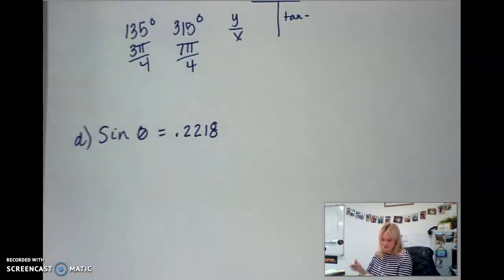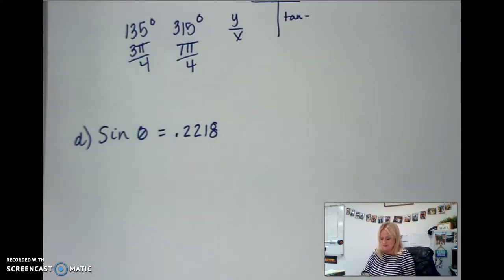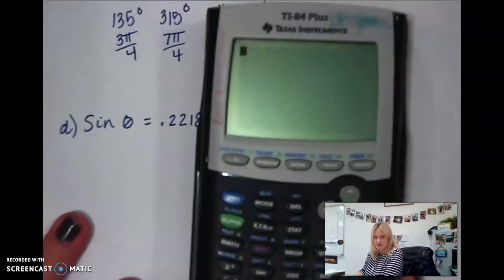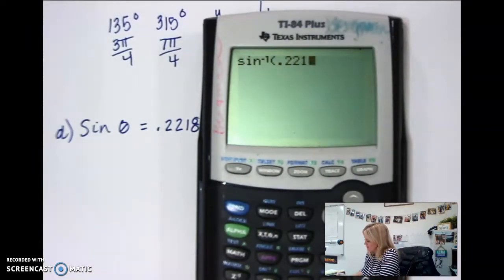Well, you should know this, right? What key on our calculator do we use when we are trying to find the missing angle? And that's when we use the inverse sine key. So on our calculator, we are going to type in inverse sine of 0.2218.